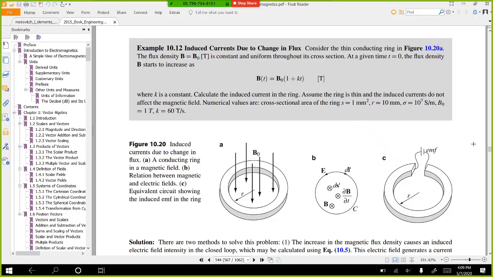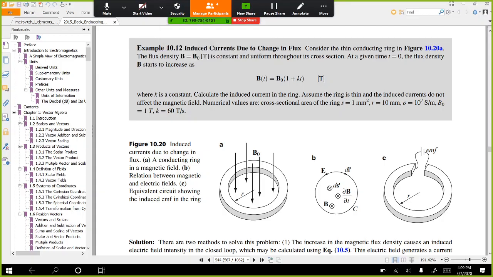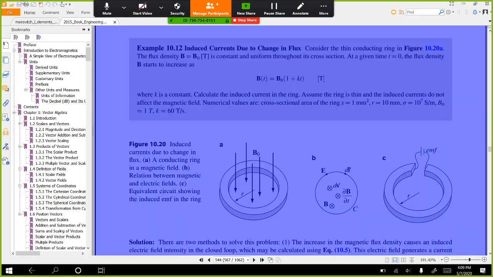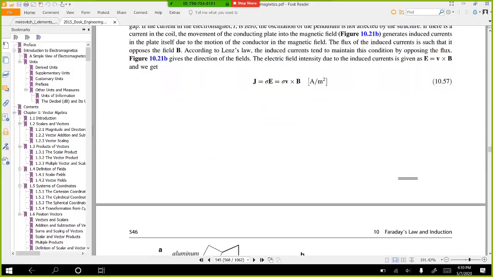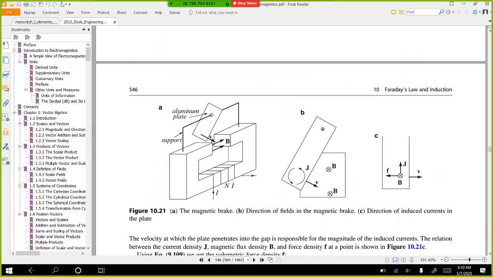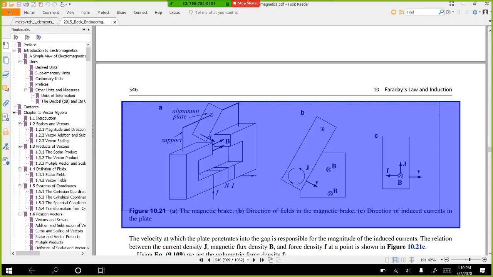And now we can discuss the magnetic brakes. So let me copy.